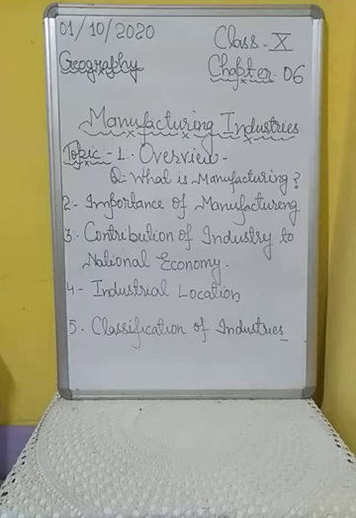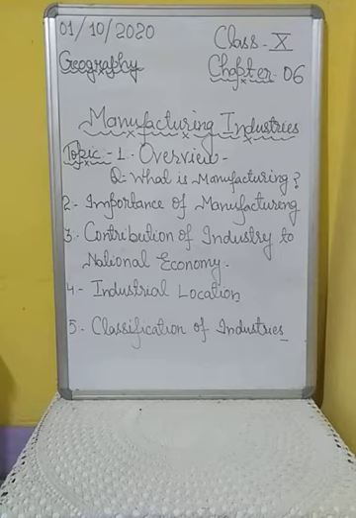All right. So students, first of all, I am going through the overview. This chapter is all about the conversion of raw materials into finished items. In short, it is all related to the manufacturing of goods and products in industries.